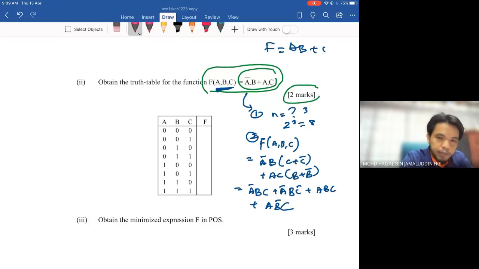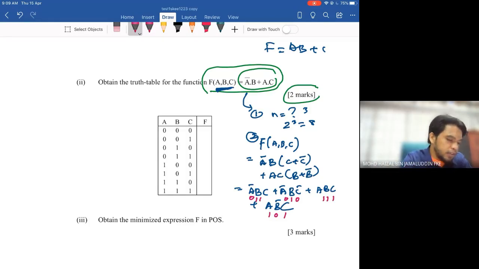And to make your life easier, I advise you to write the code here: 0 1 1, 0 1 0, 1 1 1, 1 0 1. It's okay if you want to write a little bit small number there.